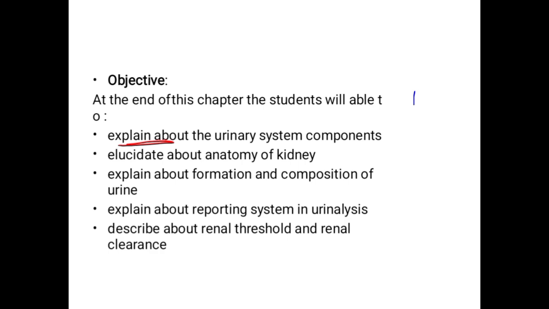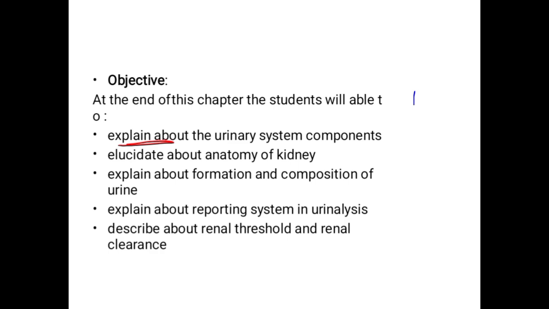5 main components of the urinary system. The first one is the kidney, or renal organ. There are two kidneys. They are bean-shaped organs located on either side of the spine, just below the rib cage.